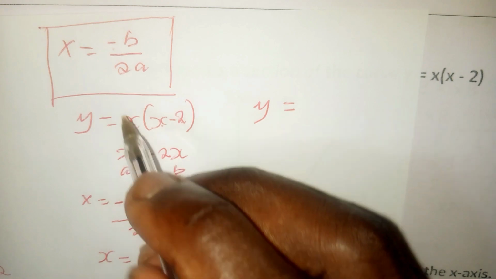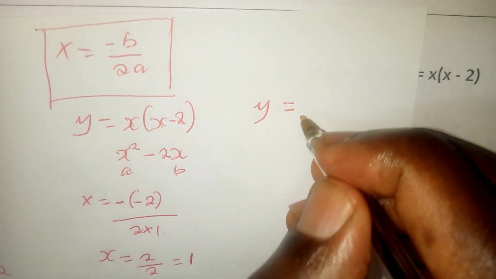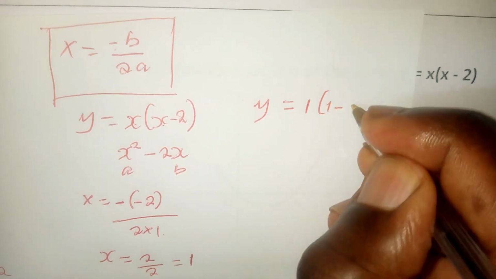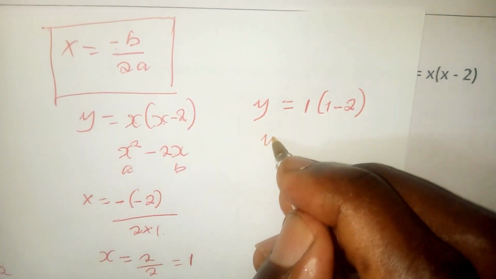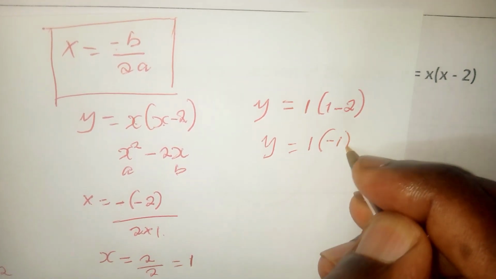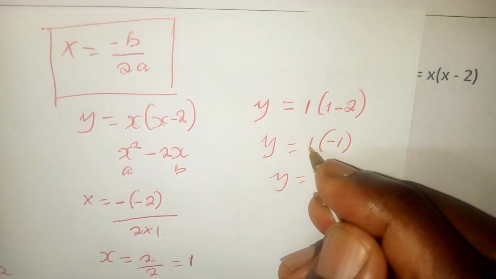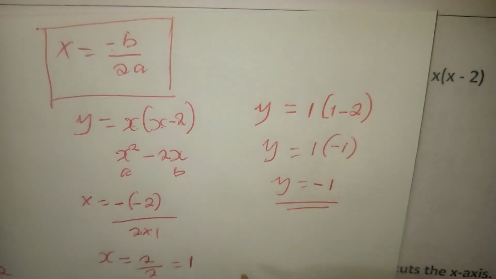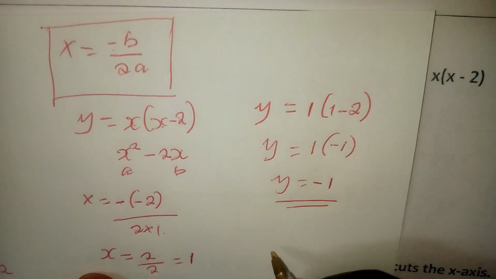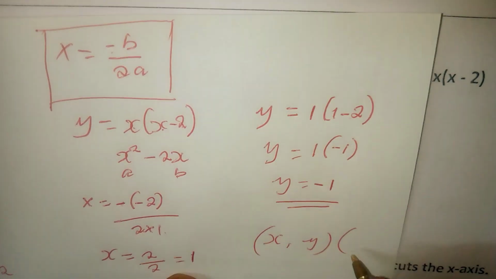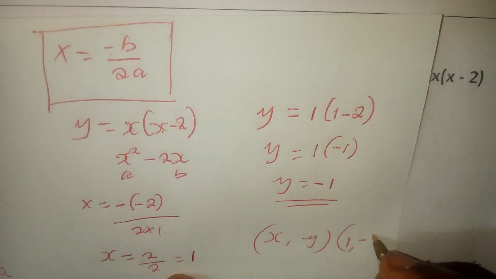Y equal to, we know x is 1. So where there is x, we put 1, in bracket 1 minus 2, like that. So y equal to 1 multiplied by negative 1, which is negative 1. So we've got x comma y, where x is 1, comma negative 1.